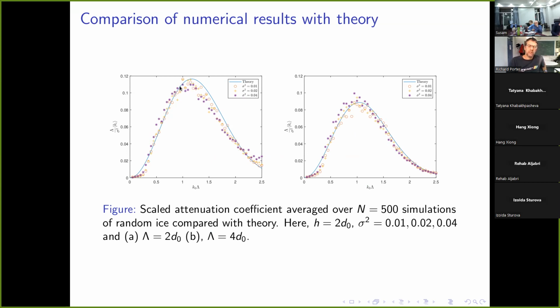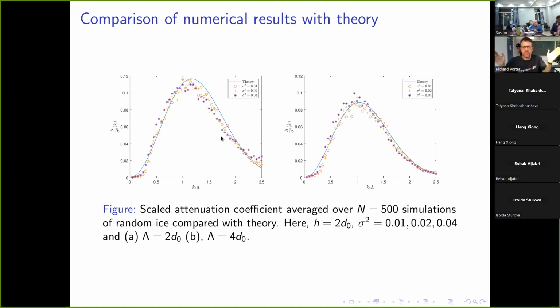So the dots are scaled numerical constants from doing 500 simulations on ensemble averaging. You can see that the numerical simulations compare favorably with the theory. The slight discrepancy is because I can't make my numerical simulations go on for L equals infinity.